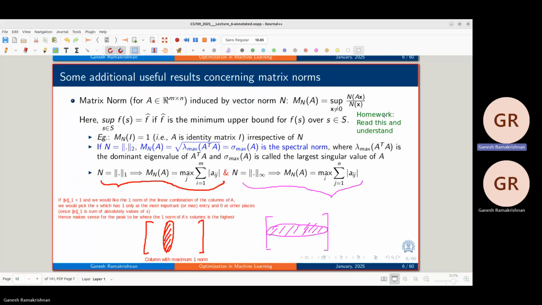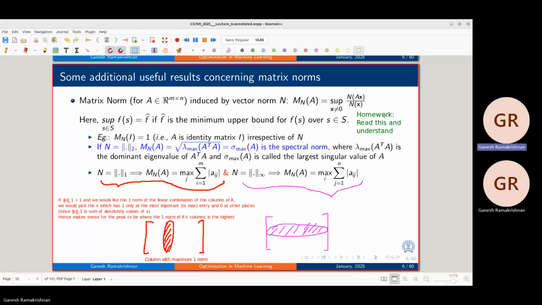You're looking at the 2 norm of A, which is the supremum over X in S of the 2 norm of AX divided by the 2 norm of X. Just remember that X is in Rn, A is in R m cross n.